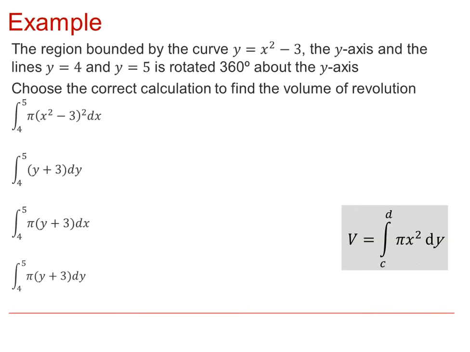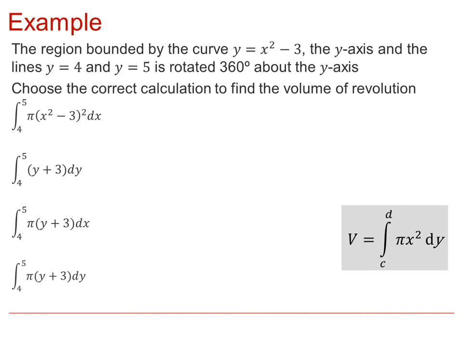This example may show or highlight some of the common errors that are made. Here we have a region bounded by the curve y equals x squared minus 3, the y-axis, the lines y equals 4 and y equals 5, rotated 360 degrees around the y-axis, and we need to choose the correct calculation to find the volume of revolution.